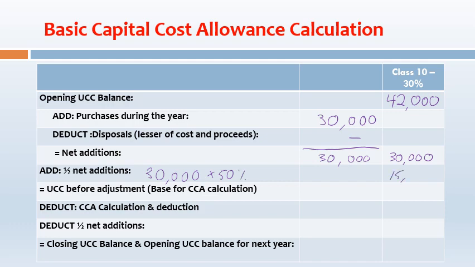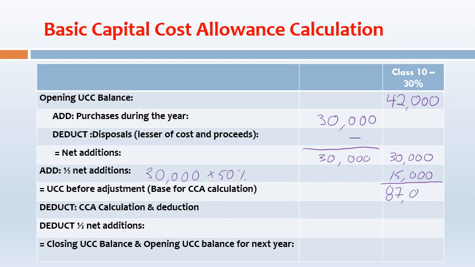I'm skipping a few steps here because we're total experts at this now. So here's my UCC before I make the adjustment. I take 42 plus 30 plus 15, which gives us, I want to say 97,000? No, 87,000. You think I would have worked this out beforehand, but it's 87,000.